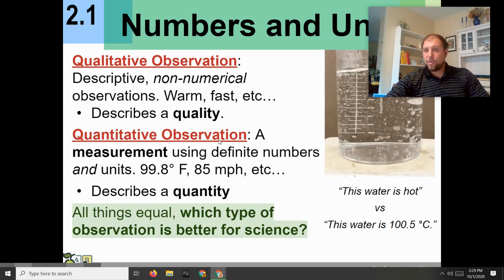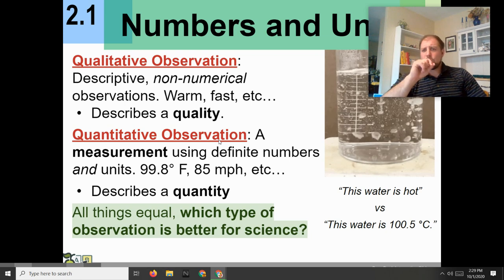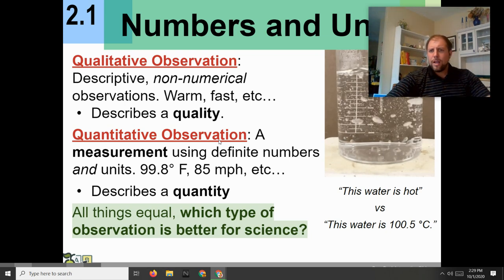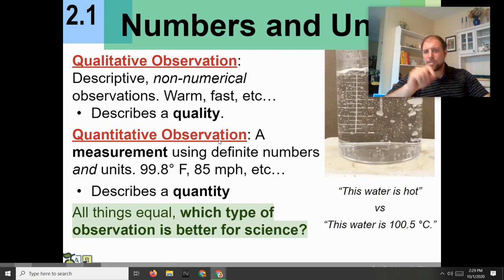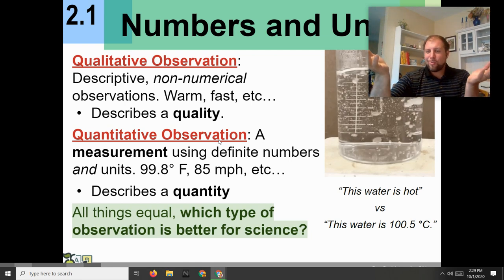Scientists have actually been really good at taking a lot of things that you wouldn't think could be described by numbers and turning them into numerical values. For example, you'd say, oh, this tea is strong, this tea is weak. Scientists have a numerical way to calculate the strength and concentration of different solutions. Even something like, oh, this dress is blue and black. No, it's white and gold.